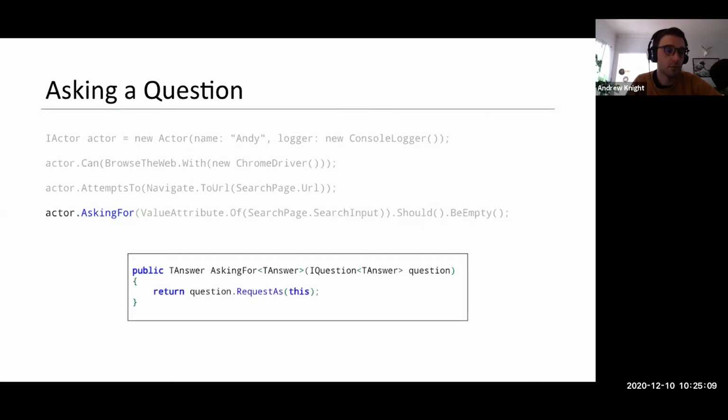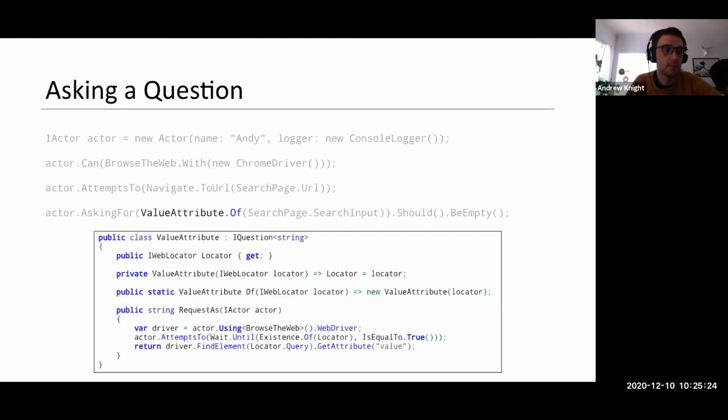Actor.AskingFor calls a question. All questions must implement the IQuestion interface. When the actor calls AskingFor, or the equivalent AsksFor method, it calls the question's RequestAs method. ValueAttribute is the name of the question, and .Of provides the target web element's locator.